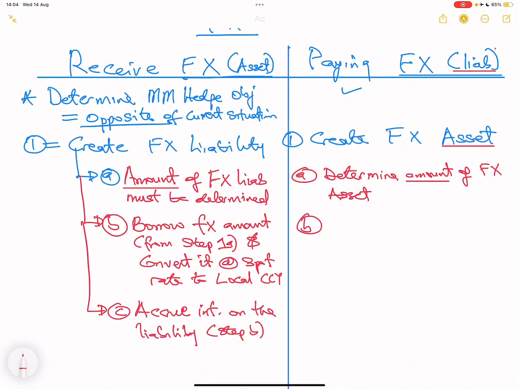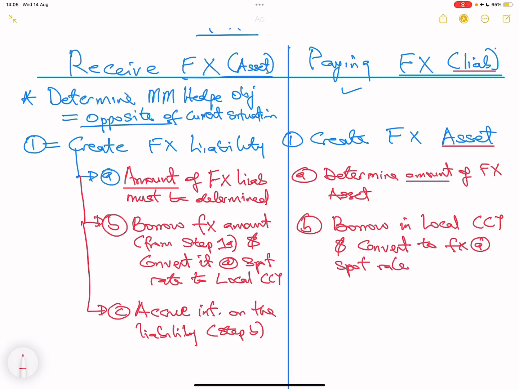So we have to borrow in local currency to create that FX asset. Once we borrow in local currency, we can now convert to FX again at spot rates, to achieve that A above.